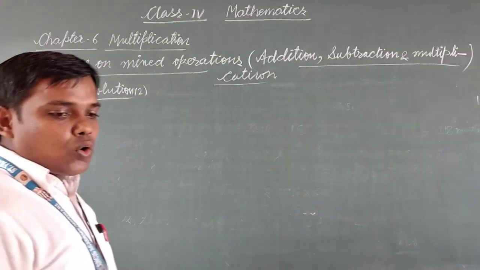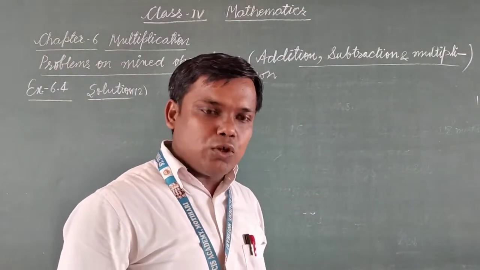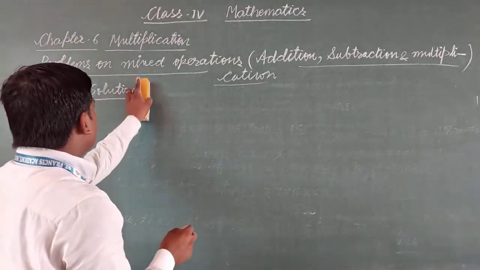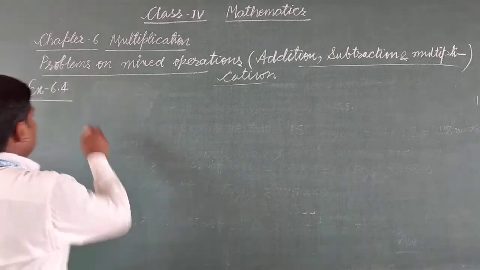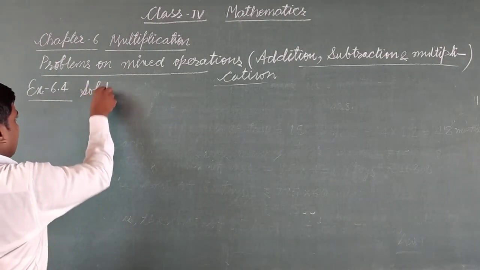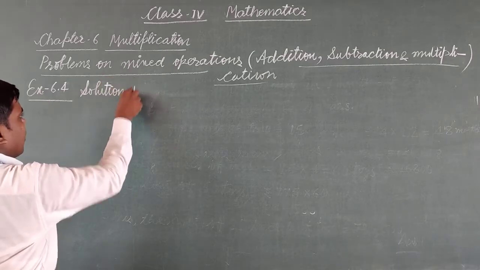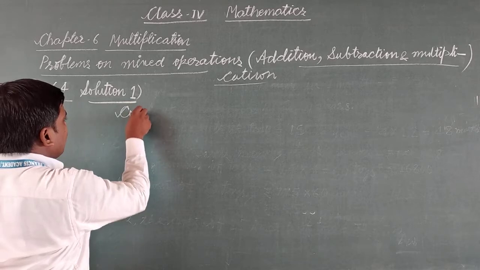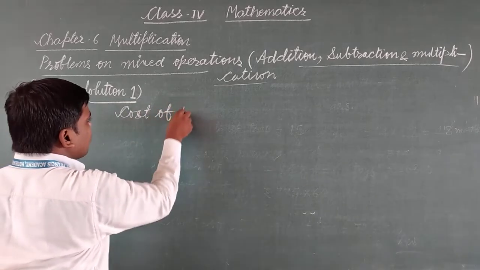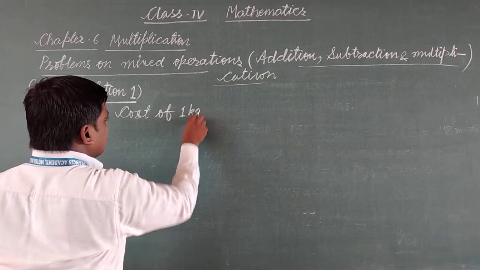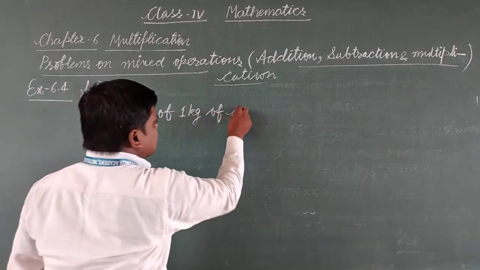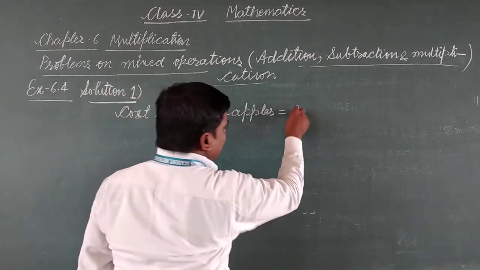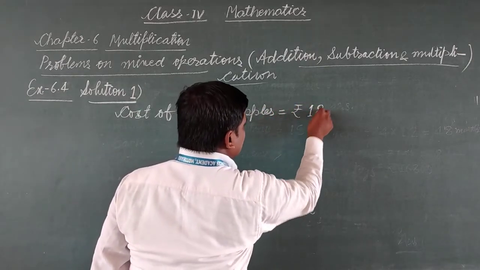As stated, cost of 1 kg of apples is rupees 120. Solution of question number 1. We have given cost of 1 kg of apples is equal to rupees 120.